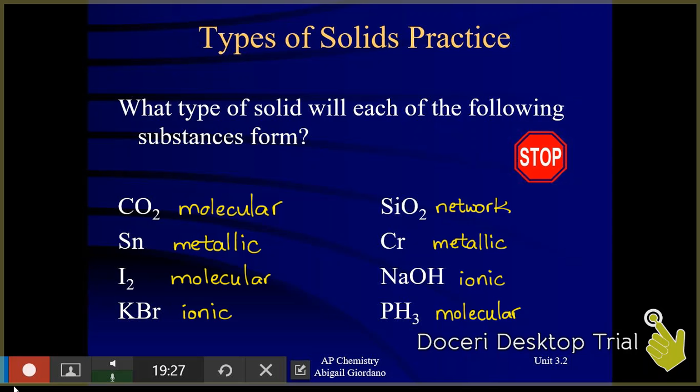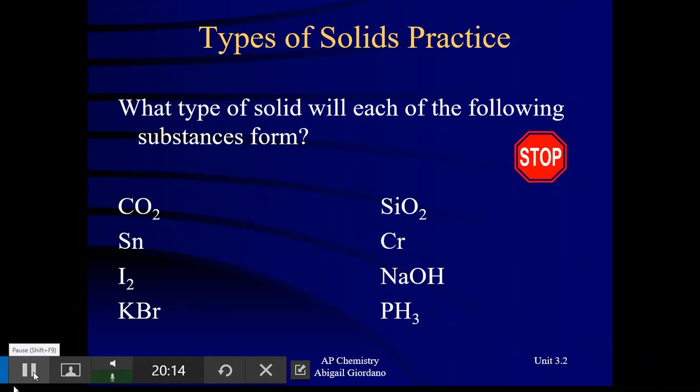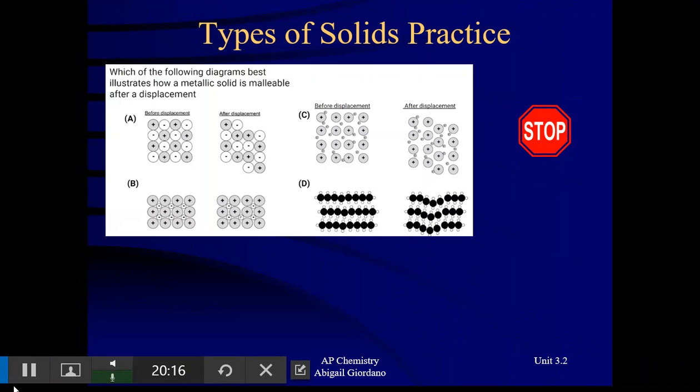Tin and chromium are metals. And potassium bromide and sodium hydroxide, those are definitely ionic. Okay, so sometimes you'll see questions that are like multiple choice that'll ask you to identify what type of solid you're dealing with.